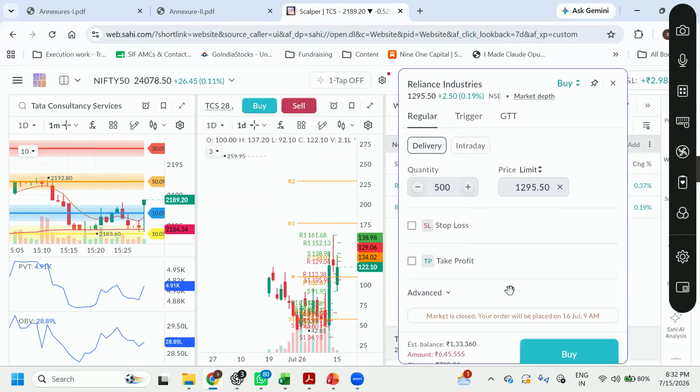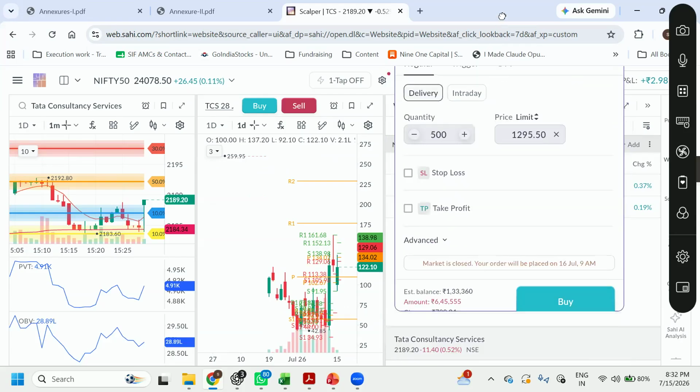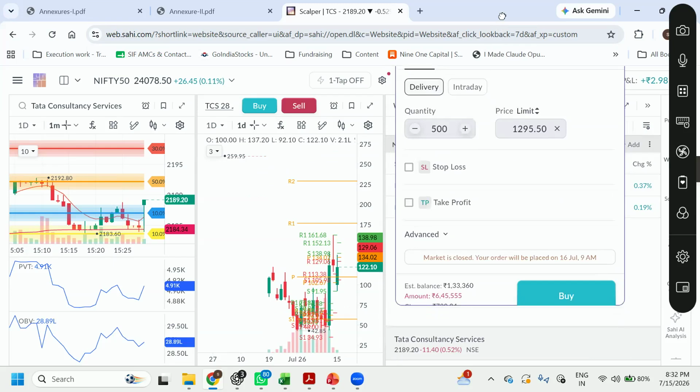So what do I need here? I actually need 6,45,555 rupees. That is the amount that I have to pay to purchase 500 quantity of Reliance. Now the tricky part is, I don't have that capital. I'm anticipating some money coming next month, might be 8 lakhs or 9 lakhs into my account.